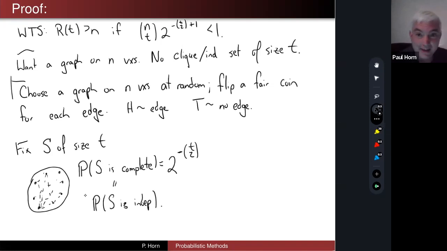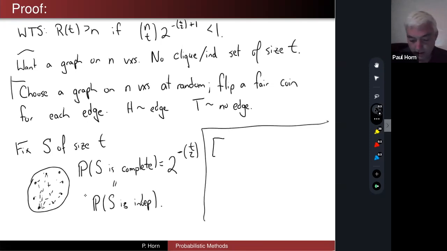Again, I would have had to have tails come up this time. So now I can think, what is the expected number of complete or independent sets of size t?